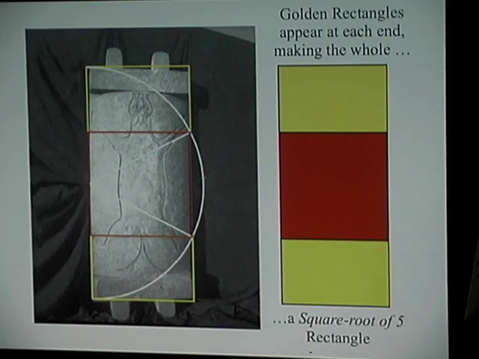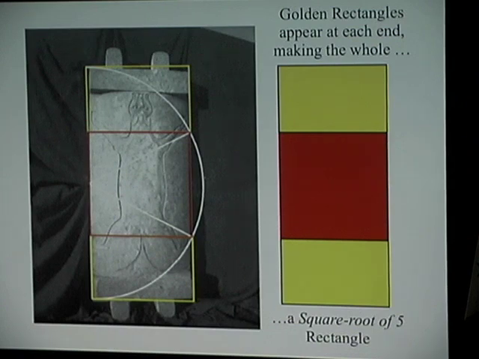This is called a square root of 5 rectangle, because the ratio of the long side to the short side is about 2.236 to 1, known as the square root of 5, a very important symbol, 5 indicating life and regeneration.